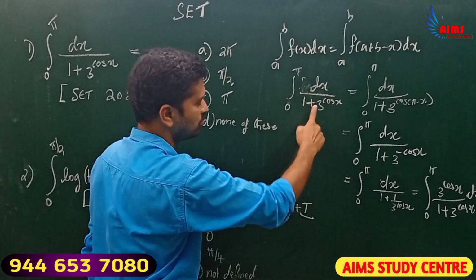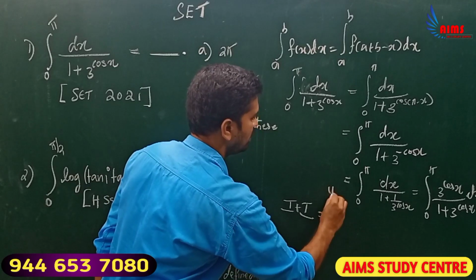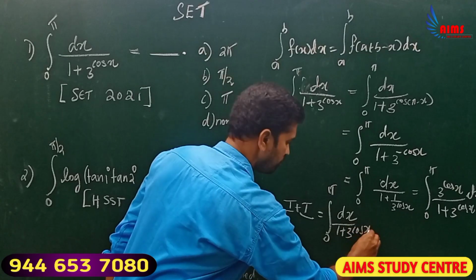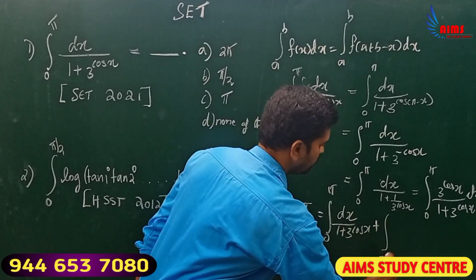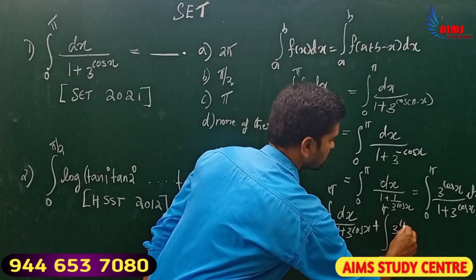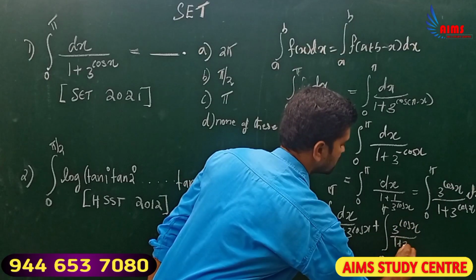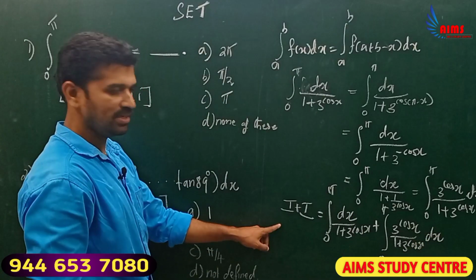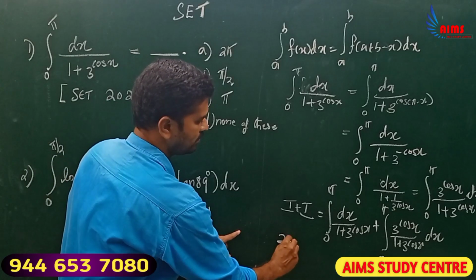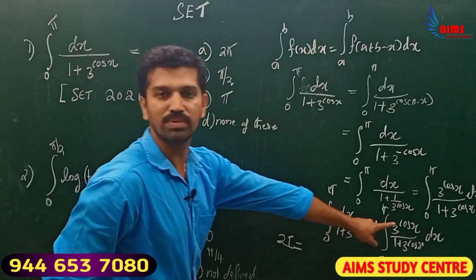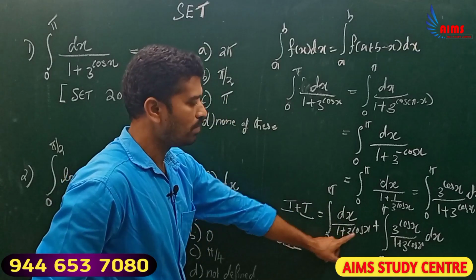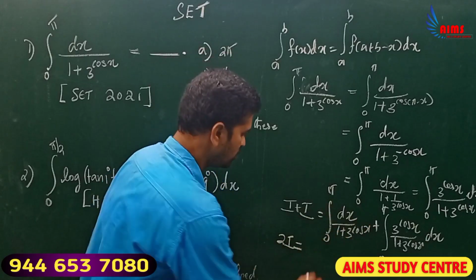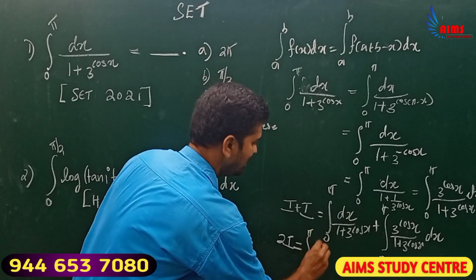So what you will actually get on the LHS will be 2I, and on the right you will have dx by 1 plus 3 raised to cos x plus 3 raised to cos x divided by 1 plus 3 raised to cos x dx, which is 1 plus 3 raised to cos x by 1 plus 3 raised to cos x, which is 1. So you will have integral 0 to pi dx.